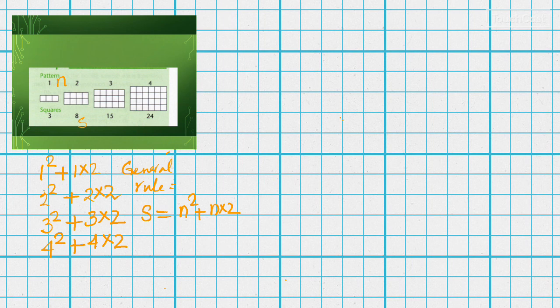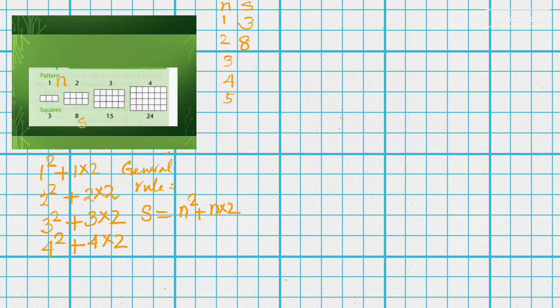Usual process is to make quick tables. 1, 2, 3, 4. These are the step numbers. And the number of small squares altogether. The first one is 3. The second one has 8.